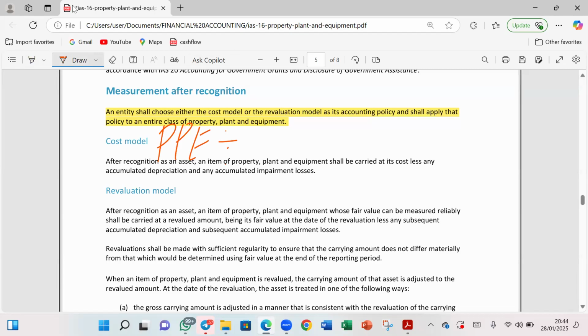Purchase price. Yes. No, PPE items. Let me give you an example. Motor vehicle. Now, purchase price is the cost of the items of the PPE. So we have the cost and we have the items. One of the items is motor vehicle.